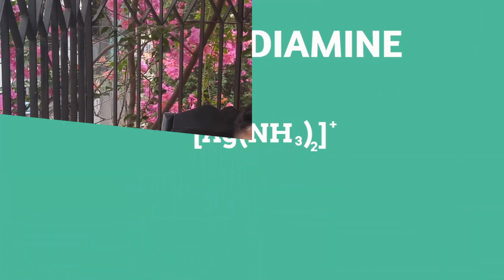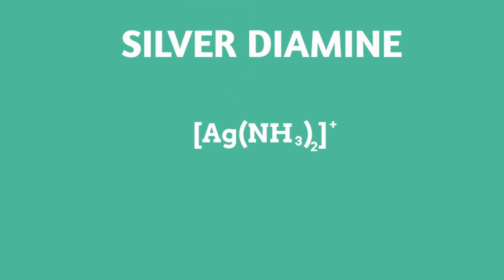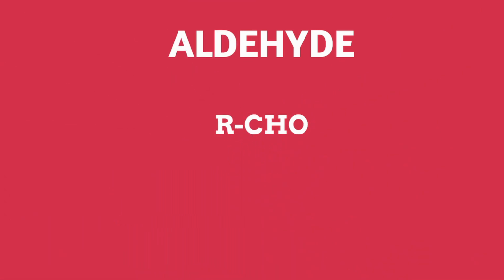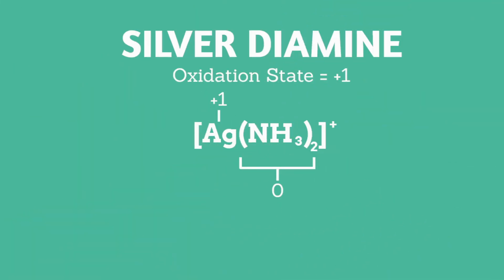But let's put a simple one here. We have silver diamine, and we're reacting it with any aldehyde, and we're going to add that up with hydroxide to form carboxylic acid, water, and ammonia. So let's first determine the oxidation states.